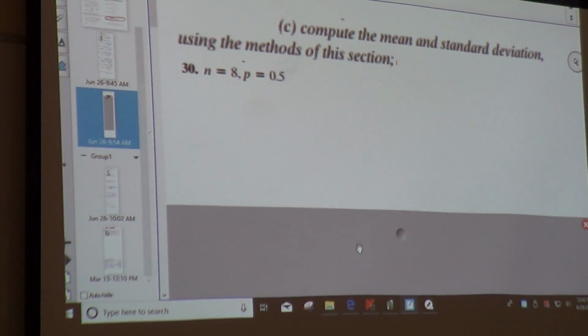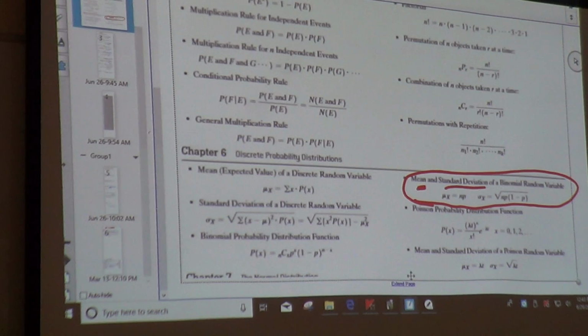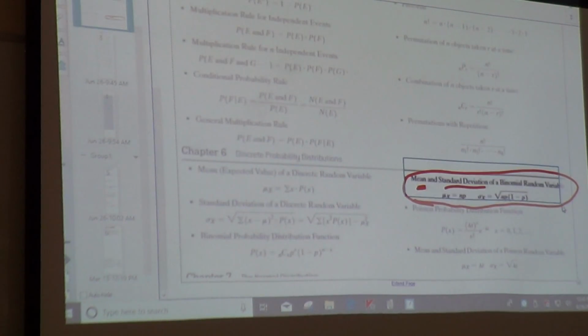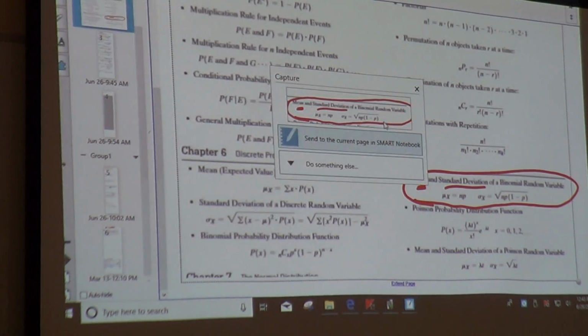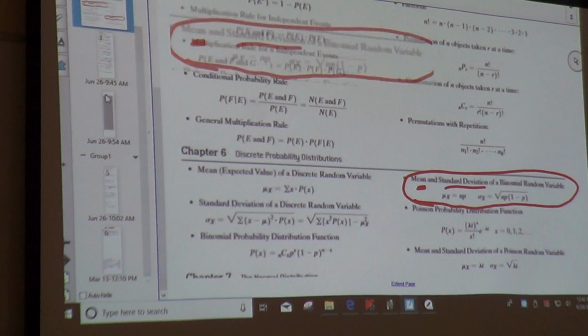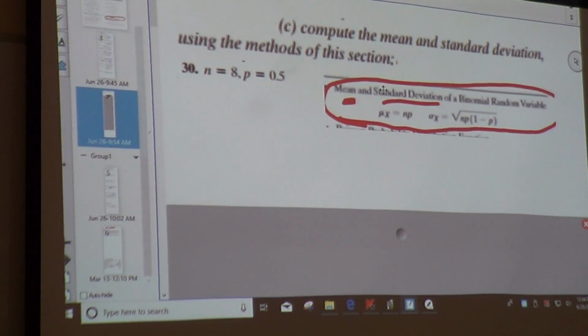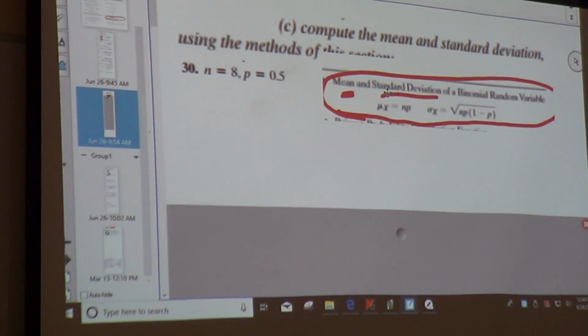The problem says compute the mean and standard deviation using the methods in this section. Let me pull it off your formula sheet. I'll write it bigger so that you can see it.